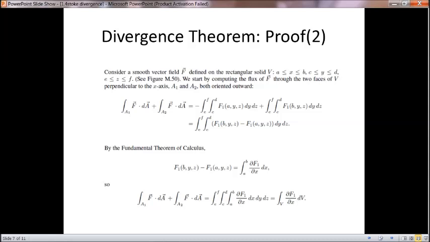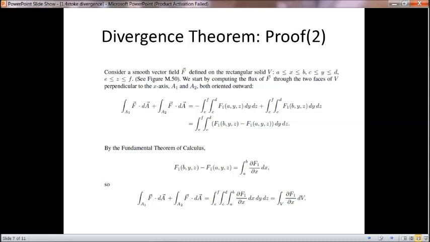For Y, the limit is C to D, where C is the negative Y direction and D is the positive Y direction. For Z, the limits are E to F, where E is in the negative Z direction and F is in the positive Z direction.